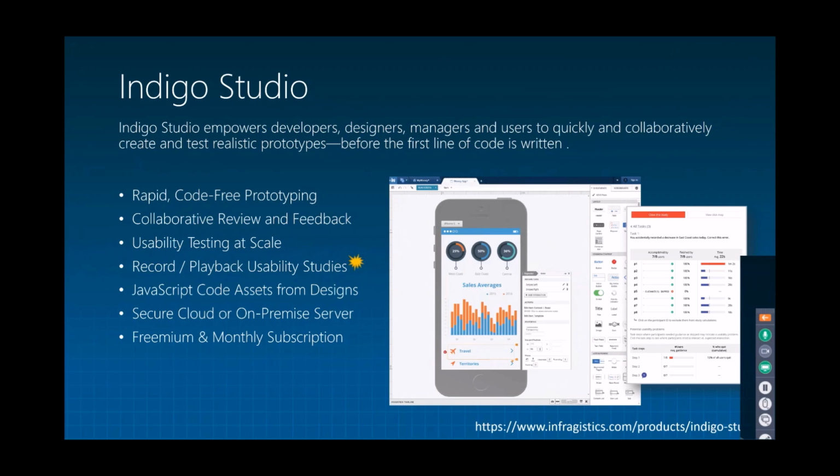So we have this story about usability studies at scale where you can create a usability study on your prototype, send it to as many users as you want, and then as they're trying to figure out each question in that study, we're collecting analytics on it. Well, that's really great, but what really helps when you're doing these types of studies is that you can see the video of the person actually interacting with the prototype. That's what we've added in 17.1. George is going to walk you through that in his demo today.